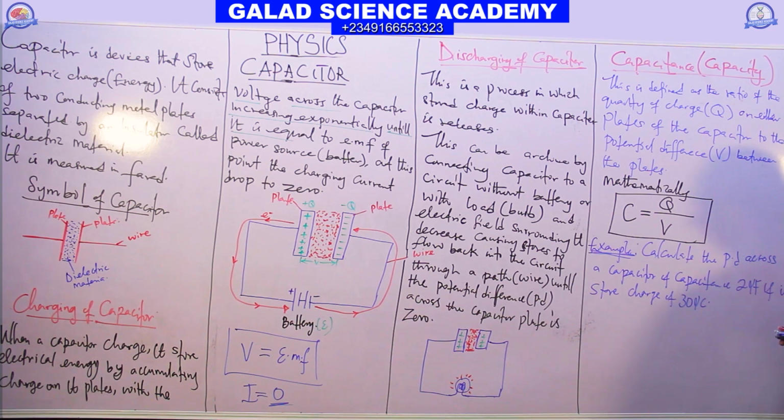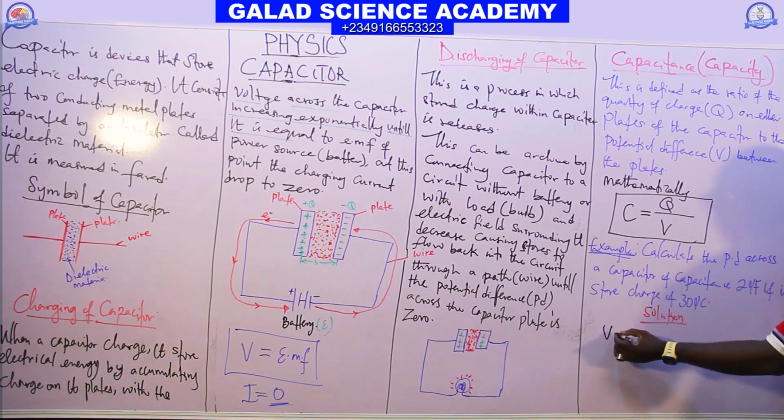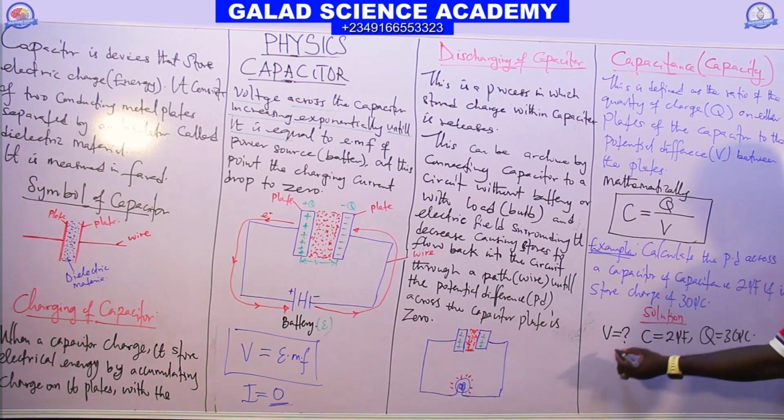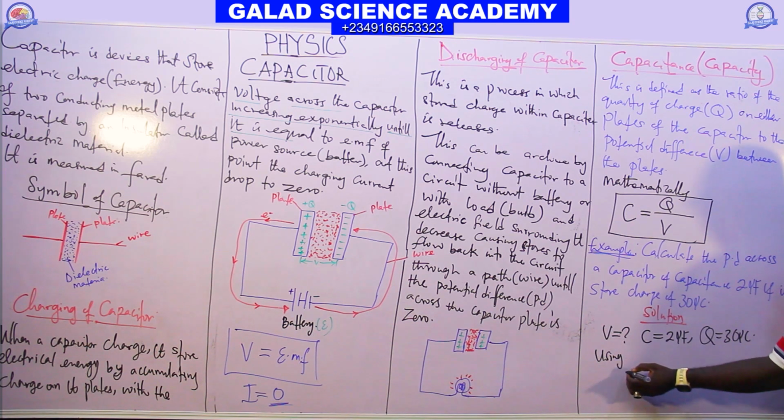We are given this. We are asked to find the PD. If you look at the question very well, the PD is unknown. Our capacitance is 2 microfarad, and we have the charge, which is 30 microcoulomb.